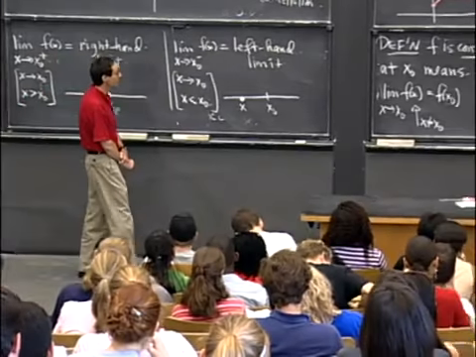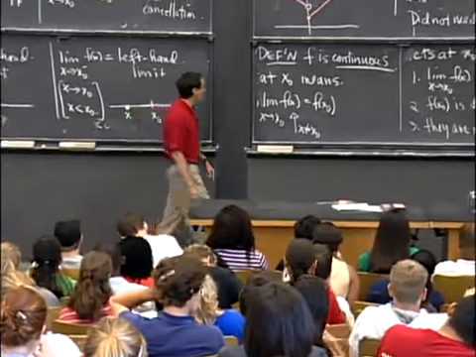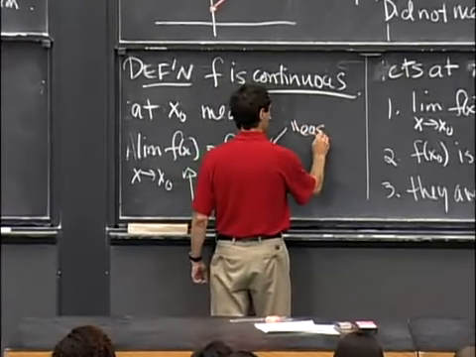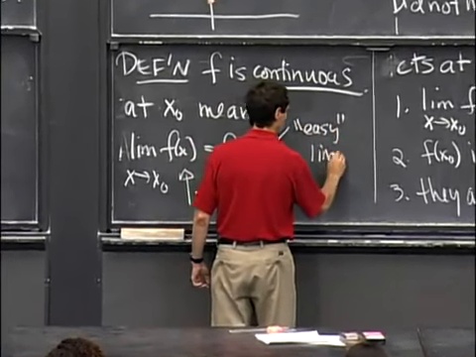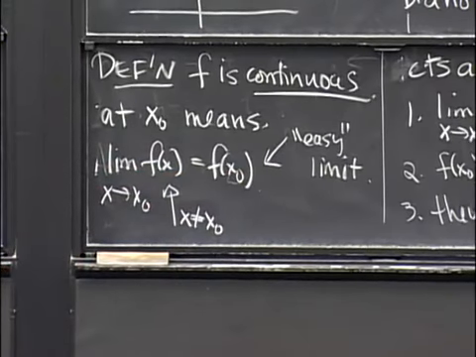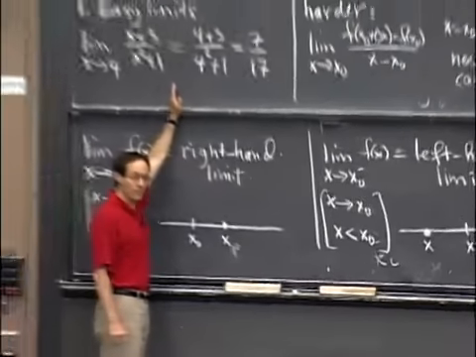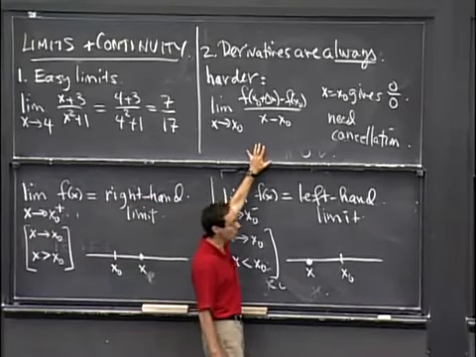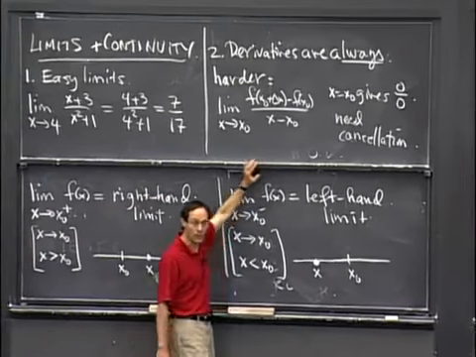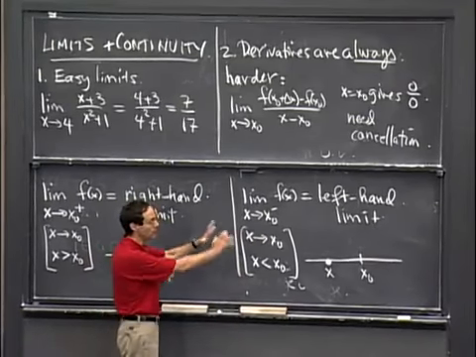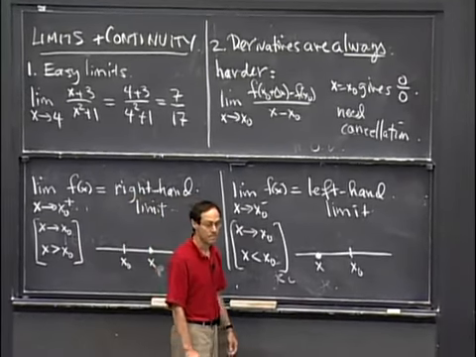And indeed, what these things are exactly are the easy limits. That's exactly what we're talking about here. They're the ones that you can evaluate this way. So we have to make the distinction, and these other ones are going to be the ones which we can't evaluate that way. So these are the nice ones, and that's why we care about them, why we have a whole definition associated with them.